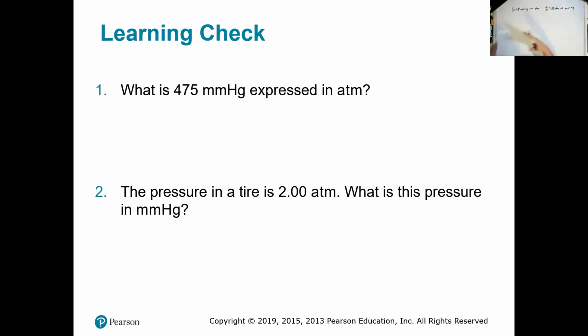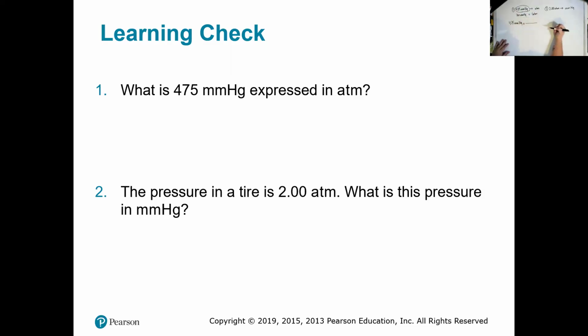When you look back at your table of pressure equalities, you'll see that 760 millimeters of mercury equals 1 atmosphere. So we can use the same equality for both of these questions. The way that you set this up is the way we set up any of the conversions we've done. You start with the information that you're given, including the unit.